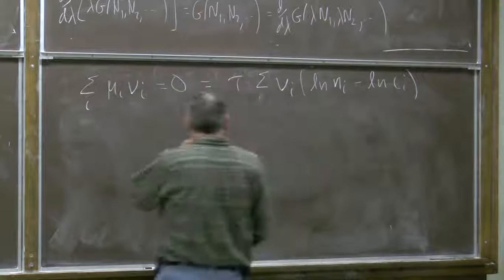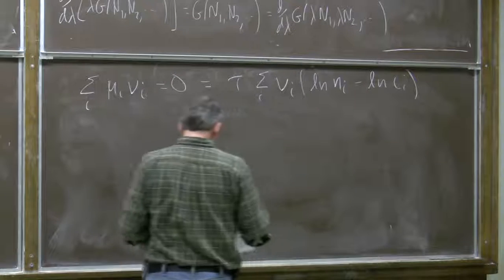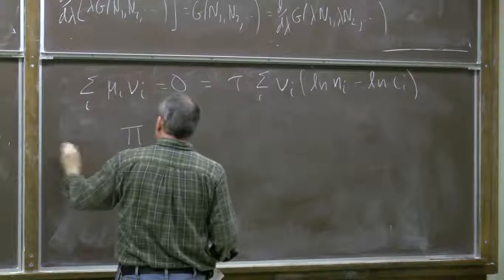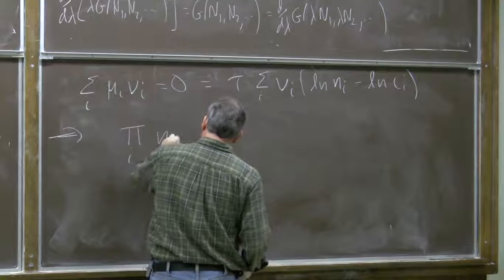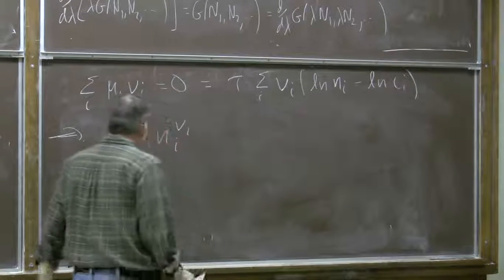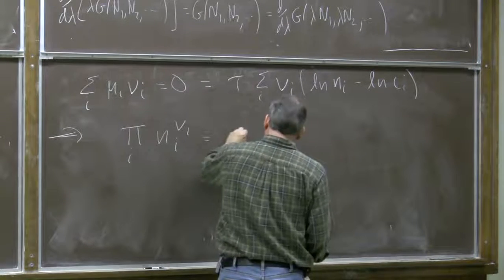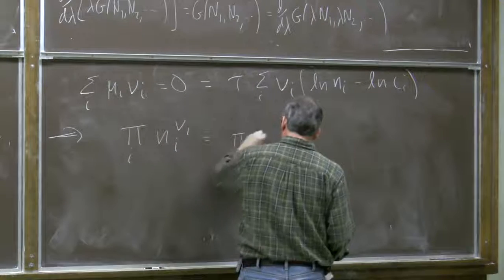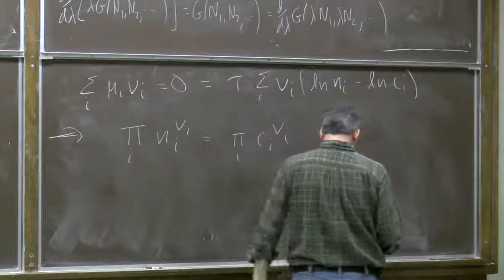If we exponentiate that, I can get rid of the tau, so this equals 0, and then I have the product over species, in chemical equilibrium, of concentration of species i to the power nu i equal to the product over species of the constant C_i raised to the power nu i.